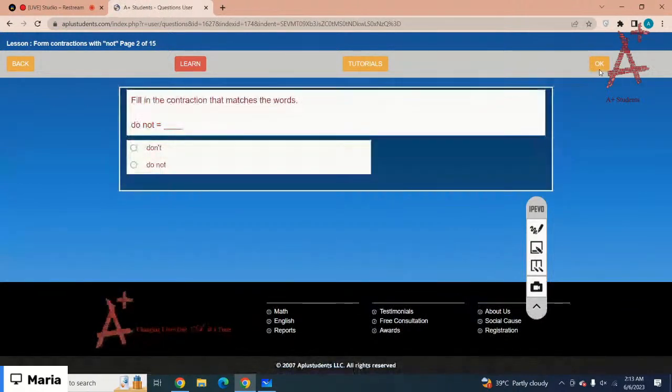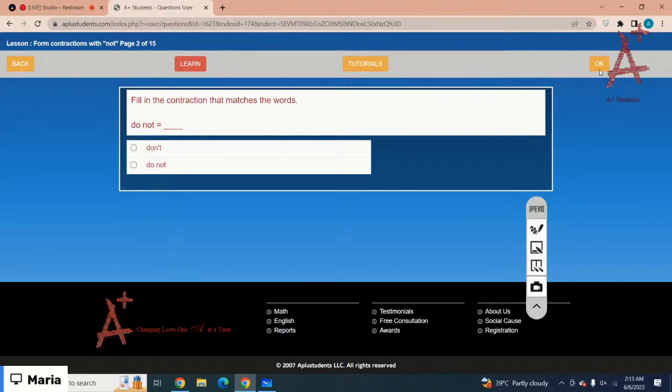It's okay. Just listen to me carefully. I'll explain again how we make contractions with the word not. A contraction is when we write two words together, like do and not. They are two different words, and you write them together.